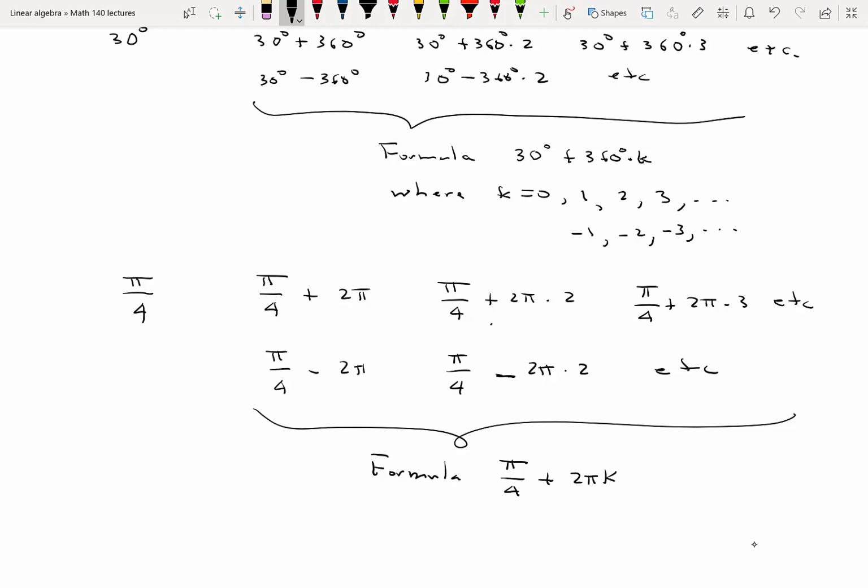Now notice I'm not writing where k equals 0 or 1, 2, 3, negative 1, negative 2, negative 3. We assume that when we write this, k can take on those values.